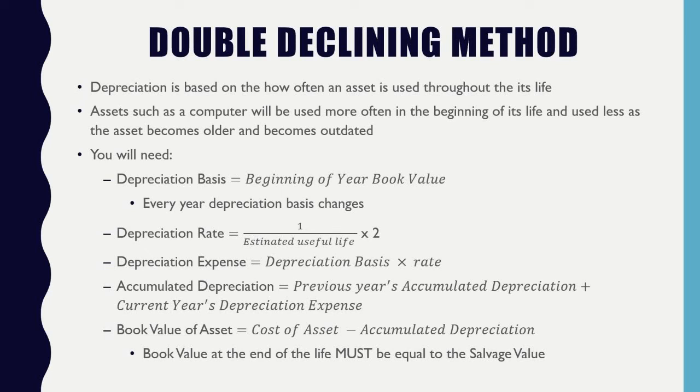That's exactly the same idea here: you tend to use the asset more frequently in the beginning of its life than towards the end. That's why we depreciate it twice as fast. So that's the main idea of why we would use double declining.